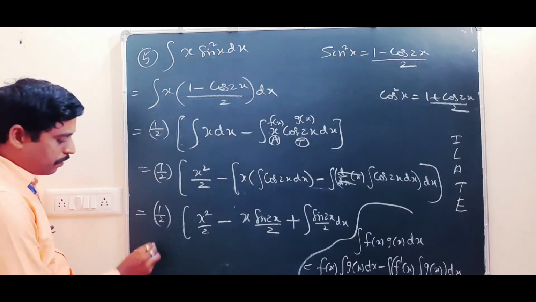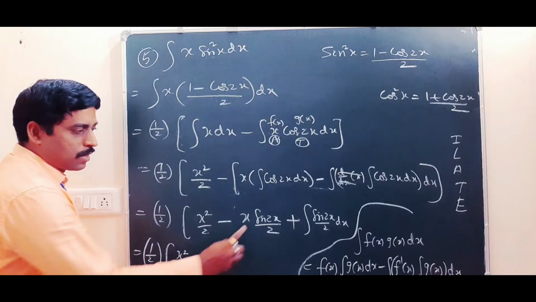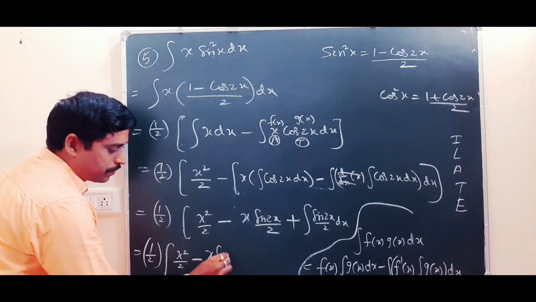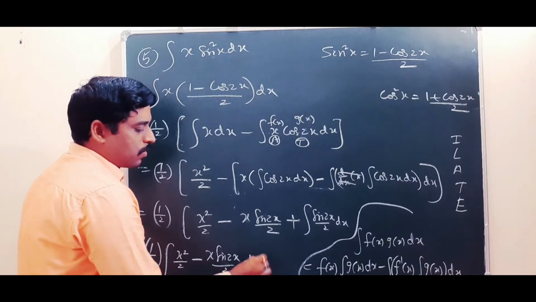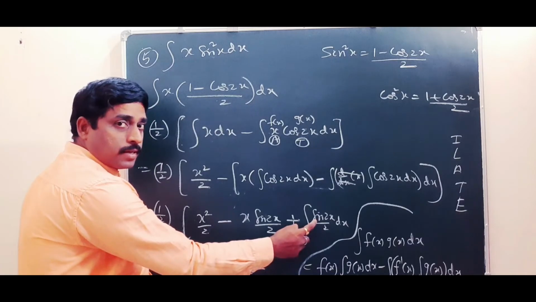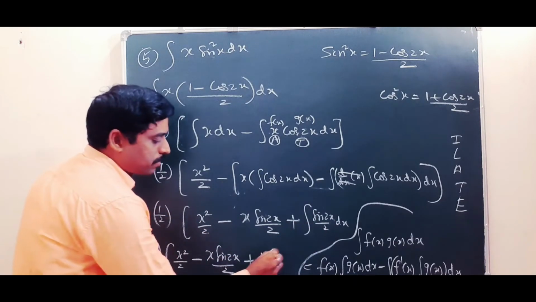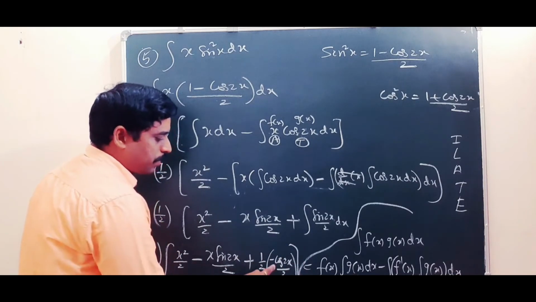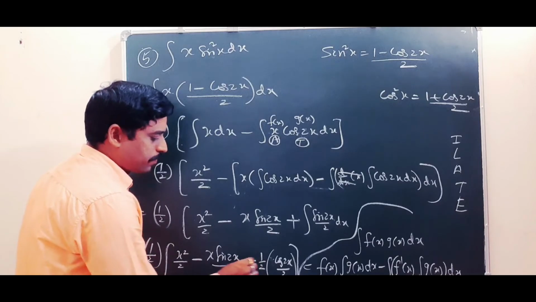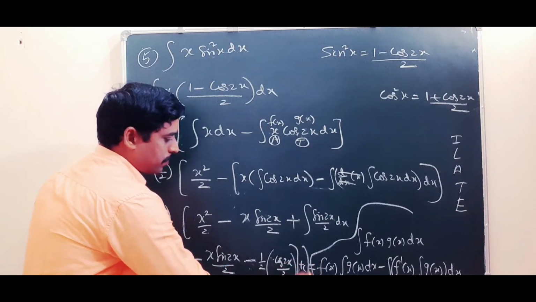So it is going to be 1/2 times of (x²/2 − x sin 2x/2 plus 1/2 constant, integral sin 2x, which is −cos 2x/2). So this is the answer. Plus into minus, it will be minus.